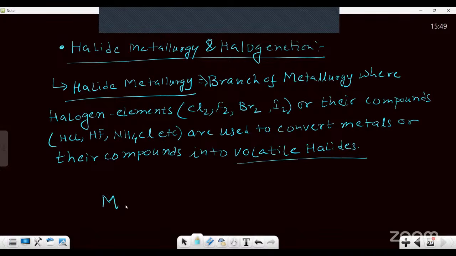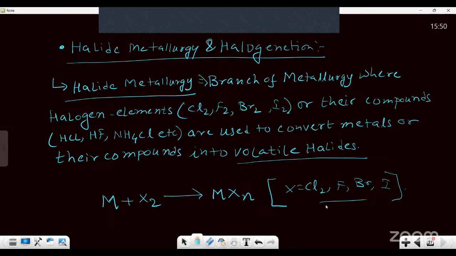Say for example, you have a metal M and you give a halogen X2, where X can be chlorine, fluorine, bromine, or iodine. You convert it into MXn, the metal halide, because this is volatile.